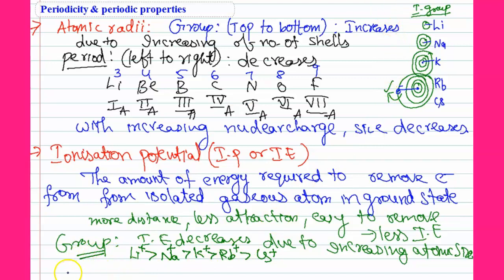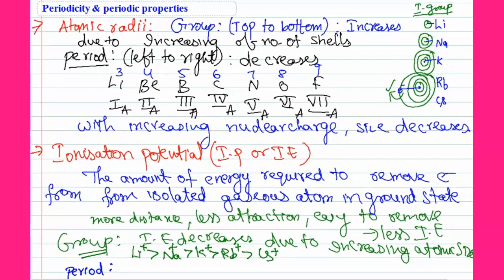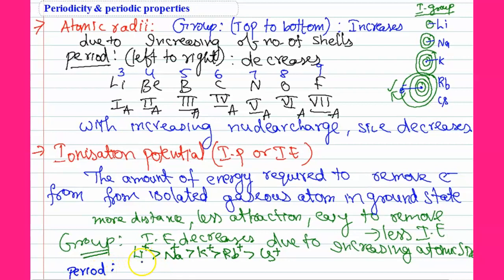So what about period, students? Period means reverse, no? So ionization energy increases because of decreasing size.